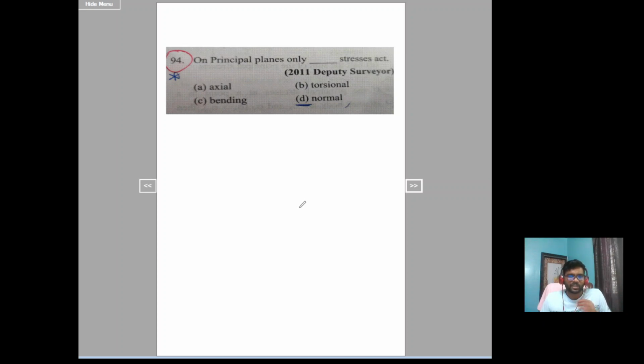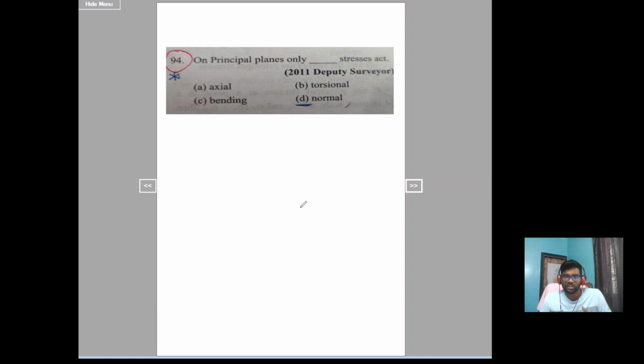On principal planes only dash stresses act. You know, on principal planes only normal stresses will act, shear stresses will be zero. Here he has mentioned axial, bending, torsion. We are mentioning only normal stress.